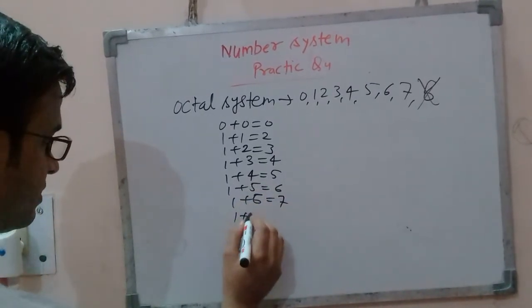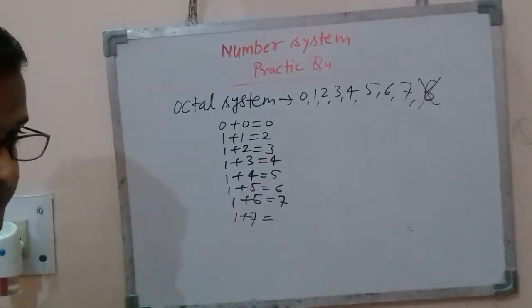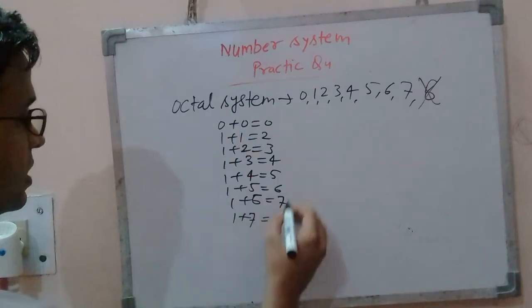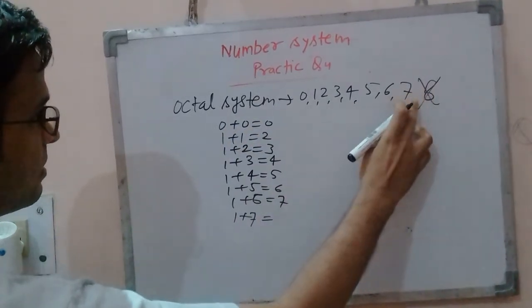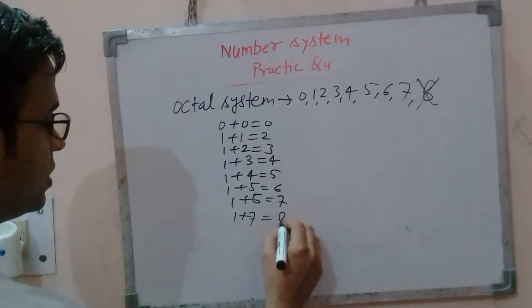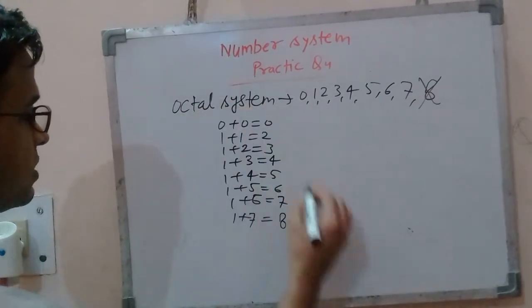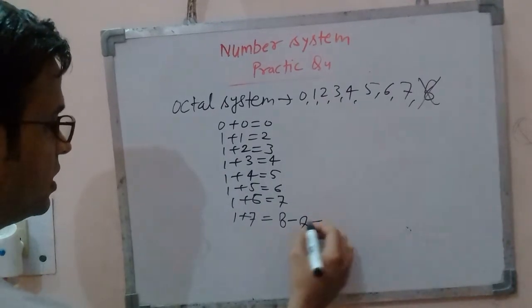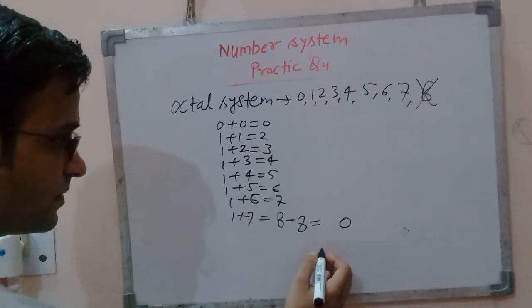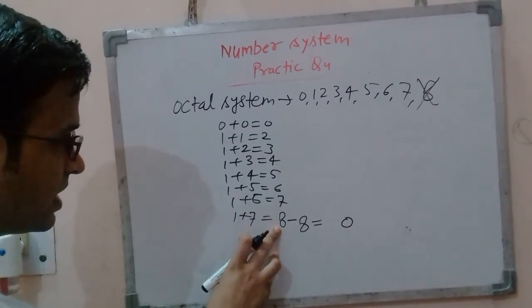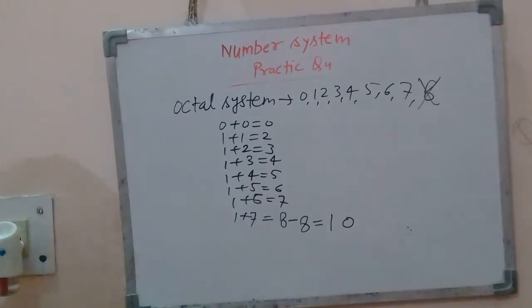Now 1 plus 7 is equal to what? 1 plus 7 is 8, right? Now what is it? You know that 8 cannot exist. The maximum number is 7, right? So 8, now subtract the base of this octal system. What is the base of octal system? It is 8. So 1 plus 7, sum is 0, and since the number exceeds 7, that means 1 carry.